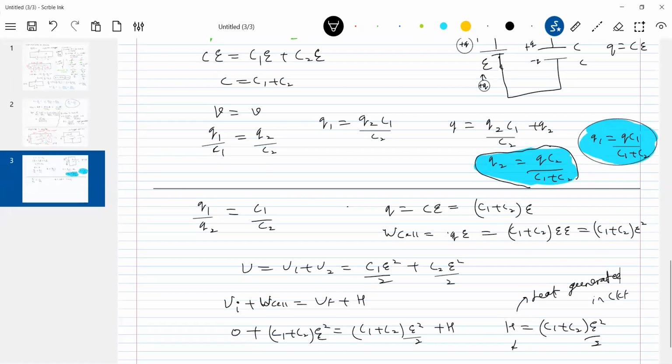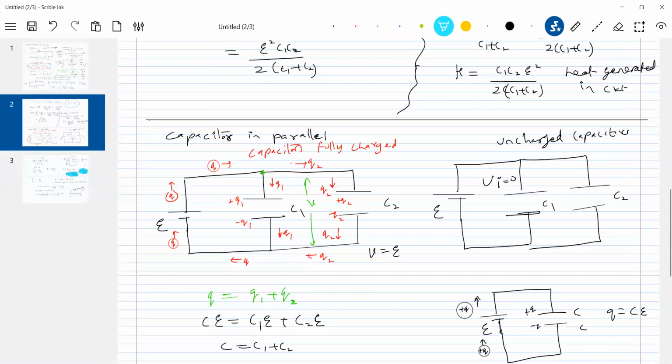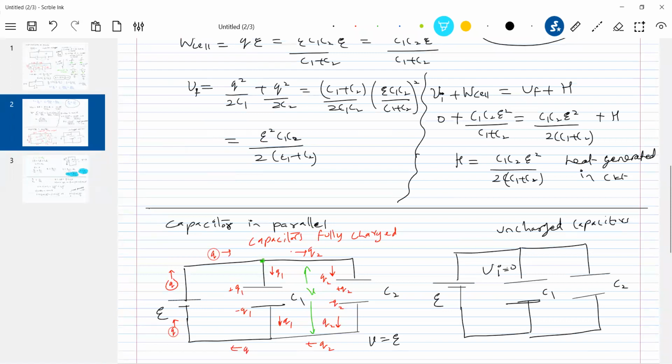In advanced, rather than expecting something big, they may ask you two capacitors with given values connected across a cell in series, then connected in parallel. Find the ratio of heat generated in the circuit. Here it is (C1 plus C2) E square. You see the heat generated. When the same capacitors are across the same cell, if they're connected in series, what was the heat generated? We have C1 C2 E square by (C1 plus C2).